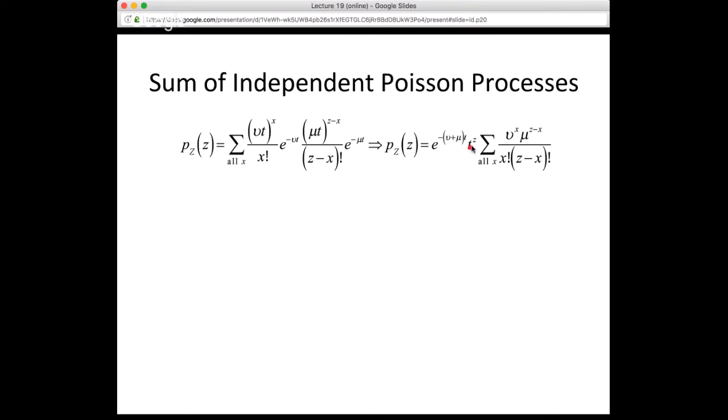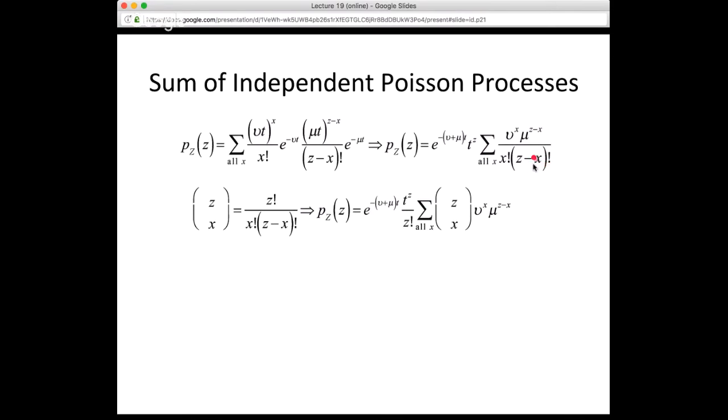What I'm left with inside the sum is nu to the x times mu to the z minus x. Remember what nu and mu are. Nu is the occurrence rate for the random variable x, and mu is the occurrence rate for the random variable y, divided by x factorial times z minus x factorial. So that's all fine and good. We notice in the denominator that x factorial times z minus x factorial looks a little bit like the binomial coefficient.